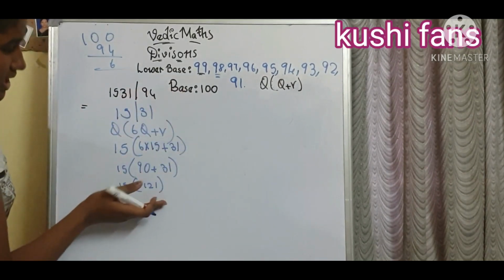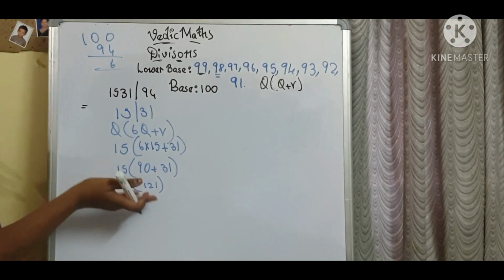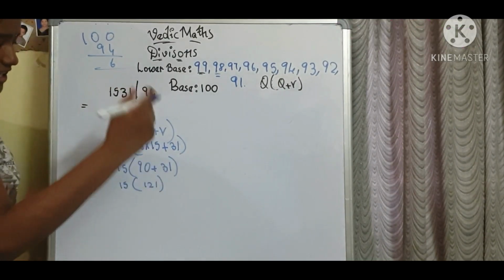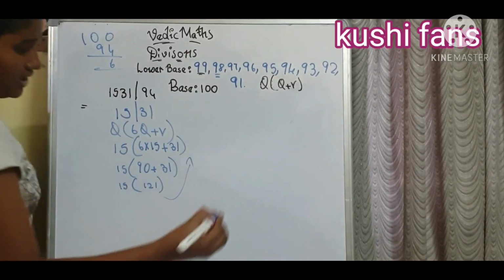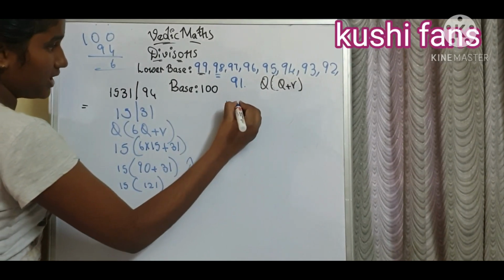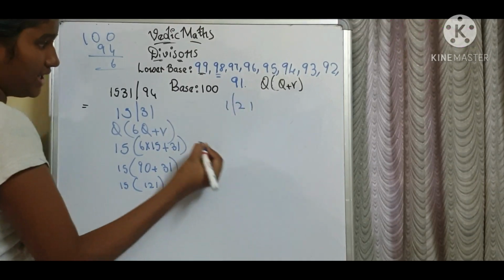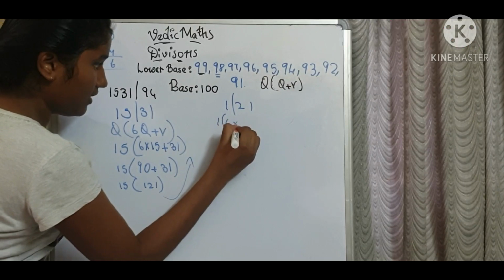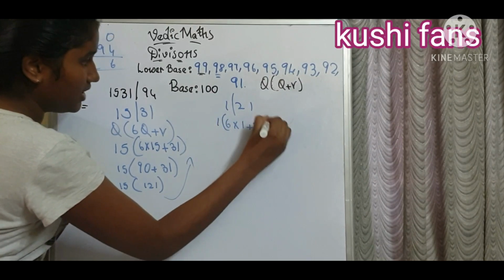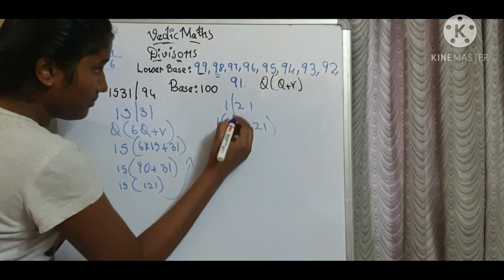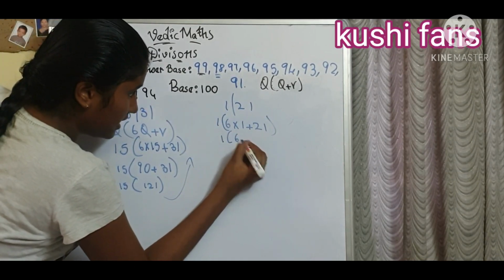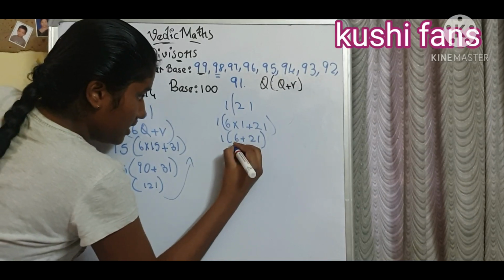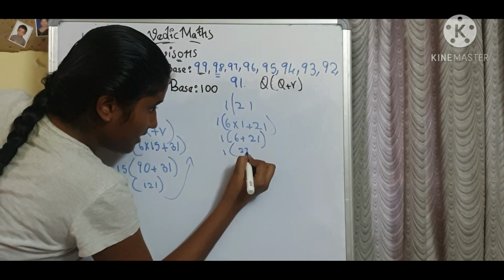Here the number is above 94, so our problem is not finished yet. Now I will tell you how to continue. This problem continues here. First I am taking 121 and dividing it. Now our Q will be 1, so 6 into 1 plus 21. 6 into 1 is 6, plus 21 will be 27.